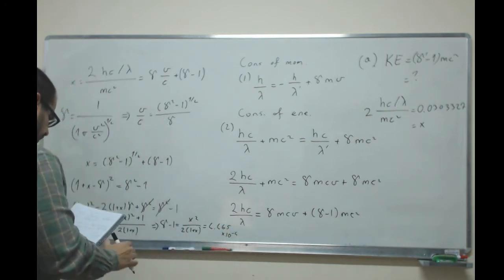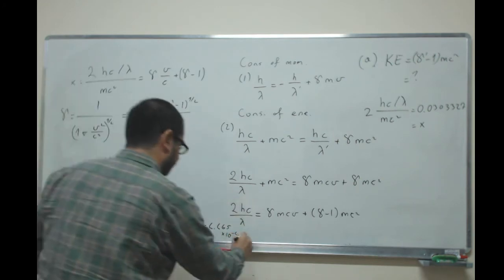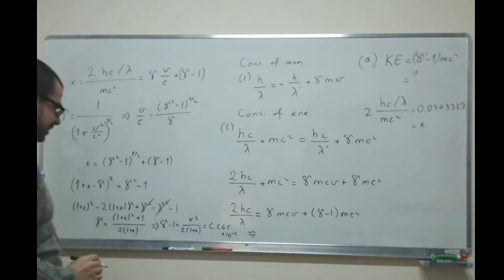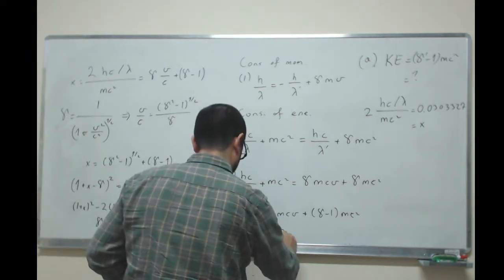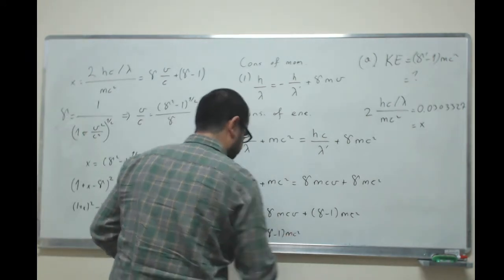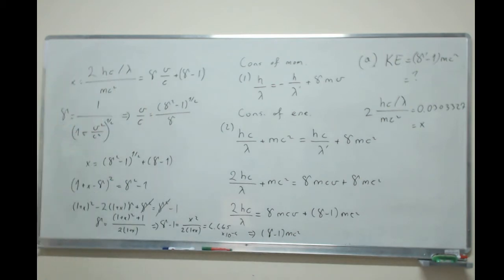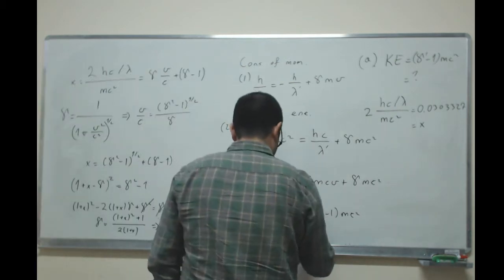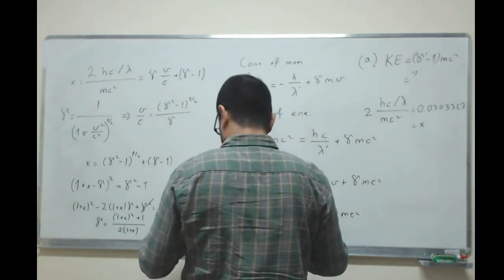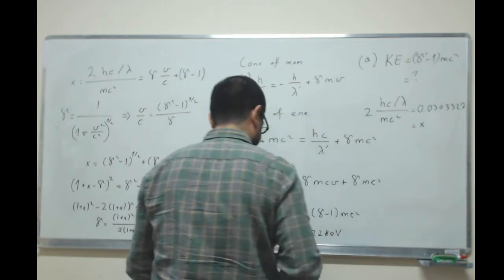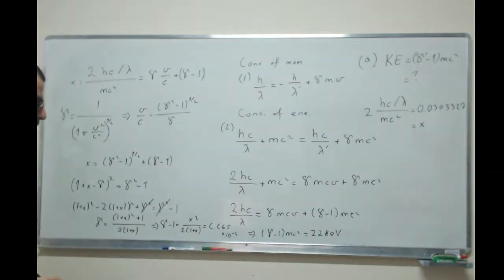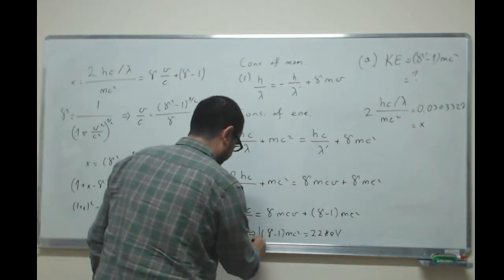If you multiply this by mc squared, which is 0.511 MeV, so 0.511 times 10 to the 6 eV, you get 228 electron volts. So this will be your answer.